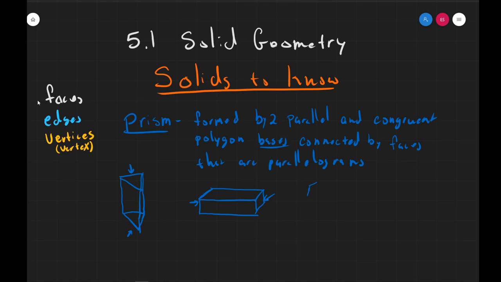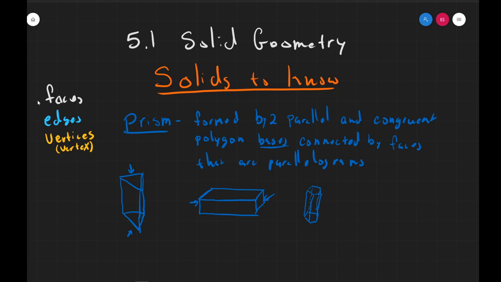Let's see if I can make a pentagonal prism happen. And as long as the top shape is congruent to the bottom shape, that is a prism. Okay? Two parallel and congruent polygon bases connected by faces that are parallelograms.